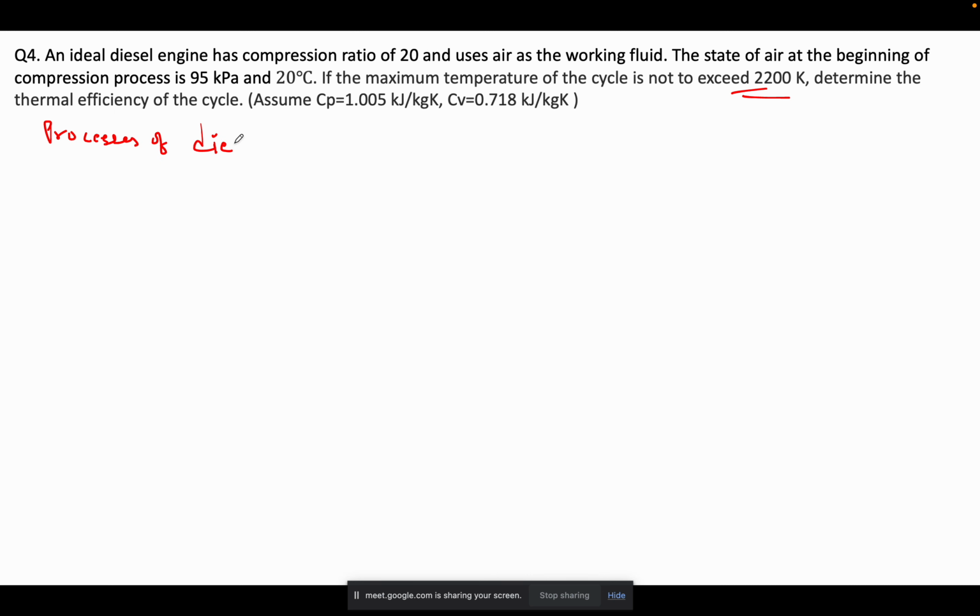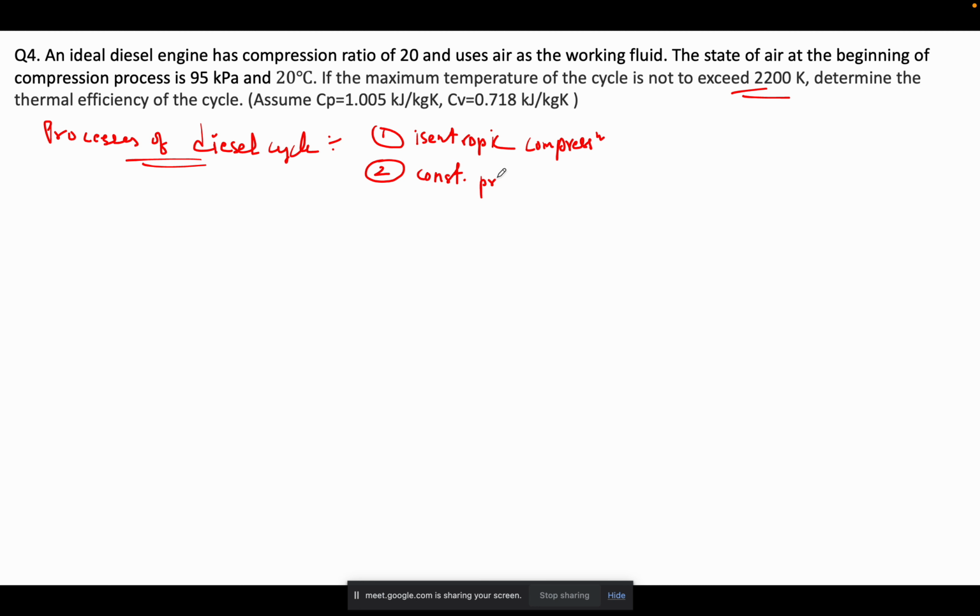Now, the processes of the diesel cycle. What are the processes of the diesel cycle? Number one, it goes through isentropic compression. Then the heat addition takes place at constant pressure. In case of the Otto cycle, the heat addition takes place at constant volume.